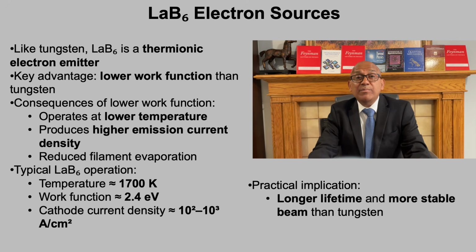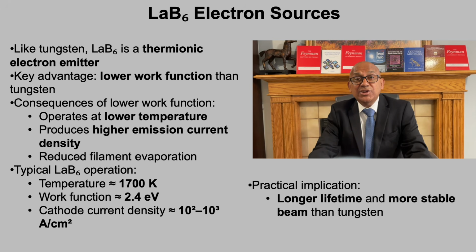Operating at a lower temperature has several practical benefits. Filament evaporation is reduced, which directly increases source lifetime. At the same time, the emitted current density is higher than that of tungsten, meaning more usable electrons are available for imaging and analysis.